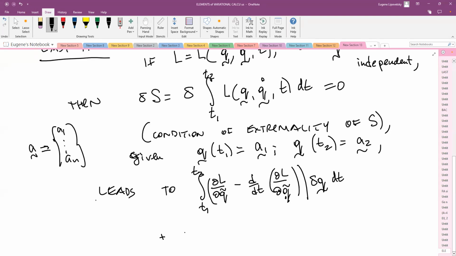We're going to do this dL over dQ dot, and we have this one as the dv, and this one u.